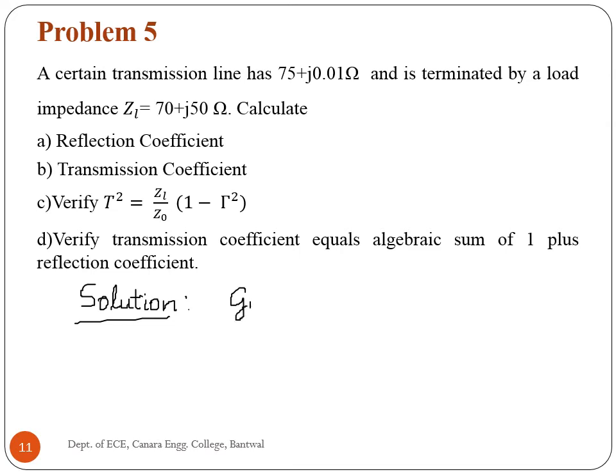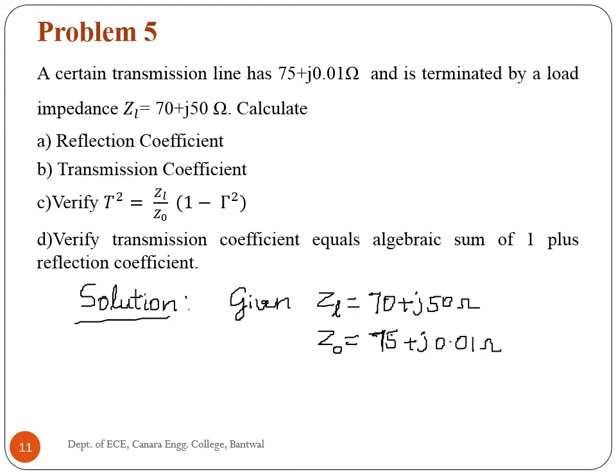Given parameters are ZL and Z naught. ZL is equal to 70 plus J 50 ohm and Z naught is 75 plus J 0.01 ohm.